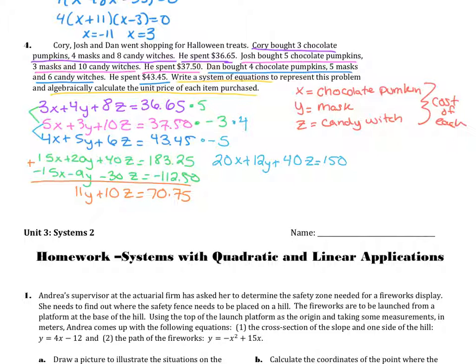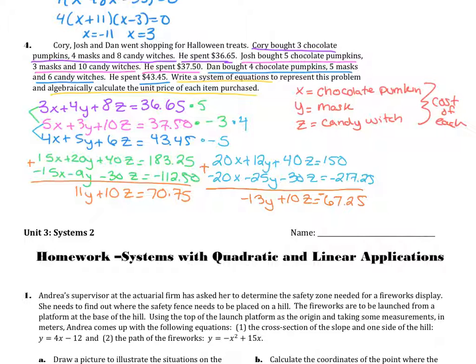And when I multiply the second equation by -5, I'm going to get -20x minus 25y minus 30z equals -217.25. I'm going to add those two equations together. My x's will eliminate, and I'll get -13y plus 10z equals -67.25.